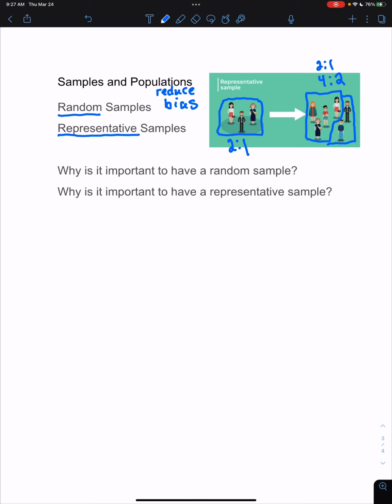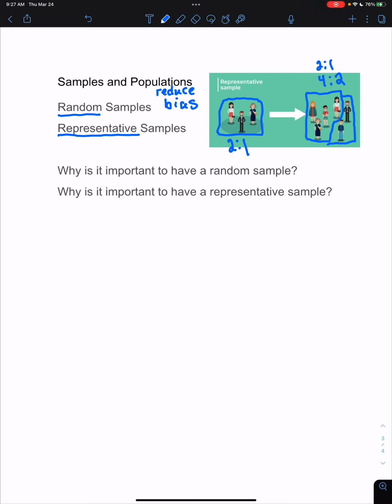So we may do this randomly. We may group all the blue-eyed people together and then randomly select people from the blue-eyed people, and then group all of the brown-eyed people together and randomly select a number of the brown-eyed people. That represents our overall sample, right?